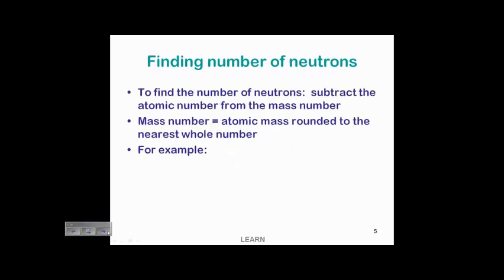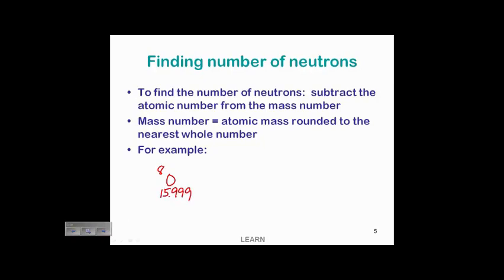Now, how do we find the number of neutrons? We need to use the mass number to do that. Mass number is where we take the atomic mass. Looking at oxygen again, it's got an 8 up here, and on my periodic table it says 15.999.